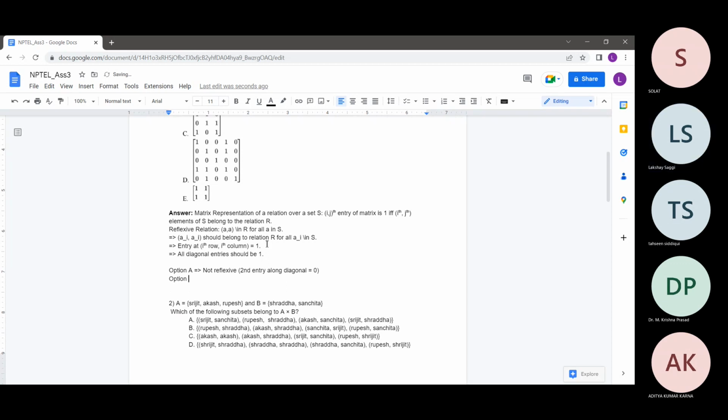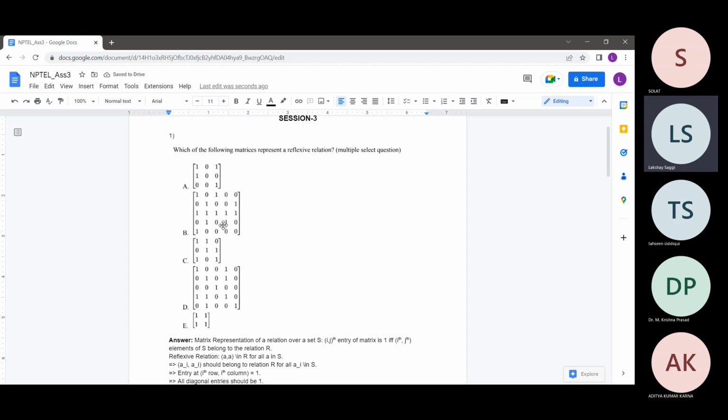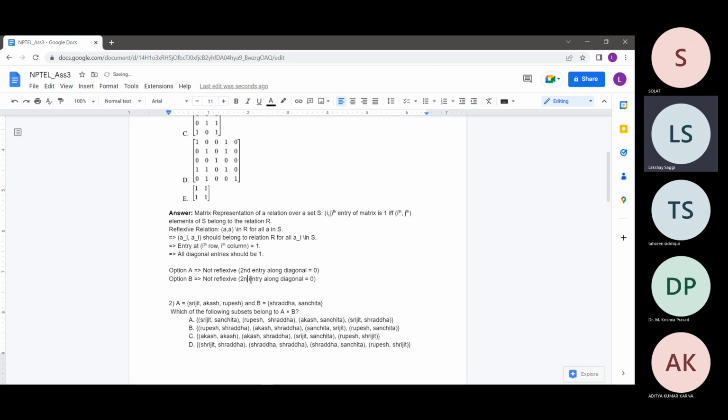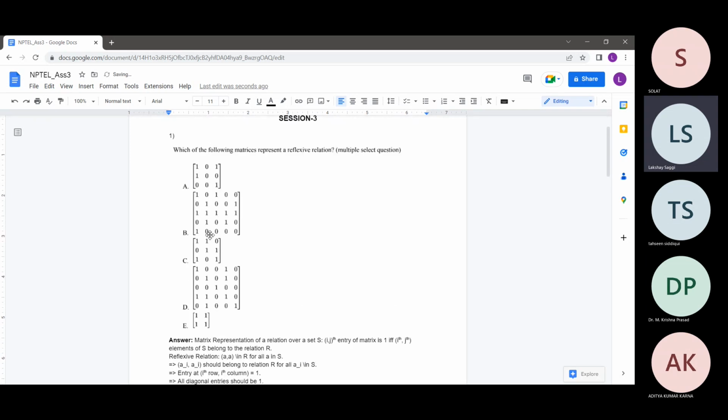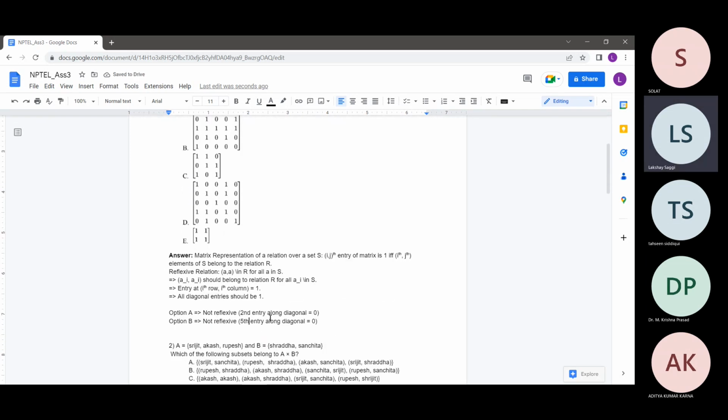Similarly, option B is also not reflexive. And why is it not reflexive? Because the fifth entry along the diagonal is 0. In option C, all non-diagonal entries are 0, so option C is a diagonal matrix.